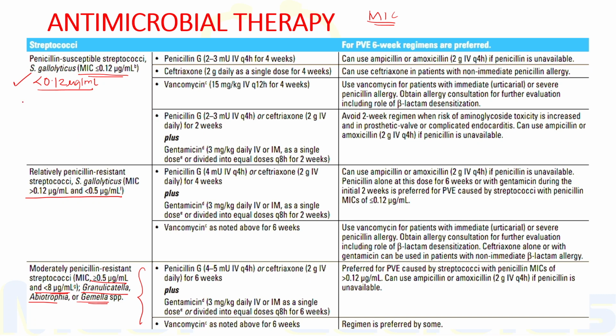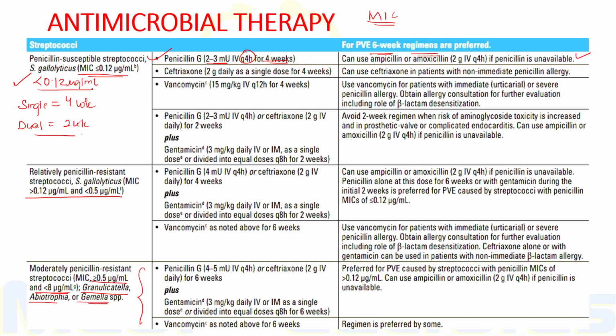If a single antibiotic is used, the course will be 4 weeks. If dual antibiotic is used, the course will be 2 weeks. For single therapy, we can give penicillin G 2 to 3 million units intravenously every 4 hours for 4 weeks. We can use alternatively ampicillin or amoxicillin if penicillin is unavailable.